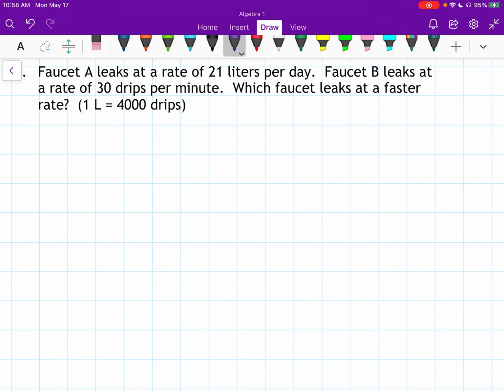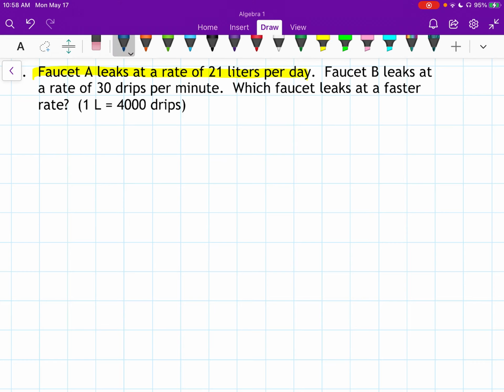Faucet A leaks at a rate of 21 liters per day. Faucet B leaks at a rate of 30 drips per minute. Which faucet leaks at a faster rate? And it tells us that 1 liter is 4,000 drips. So we've got faucet A is already in liters per day, so let's just leave that as is.